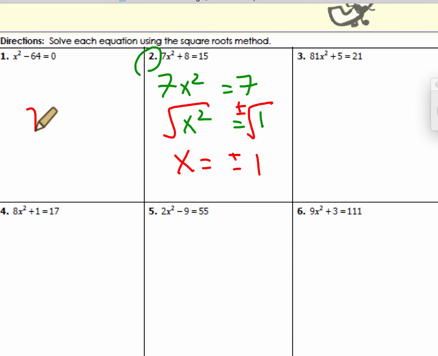If I go back and check, I put in a 1: 1 squared is 1, 7 times 1 is 7, plus 8 is 15. If I put in a negative 1 and square it, I also get a positive 1, which gives me 7 plus 8, which is 15.